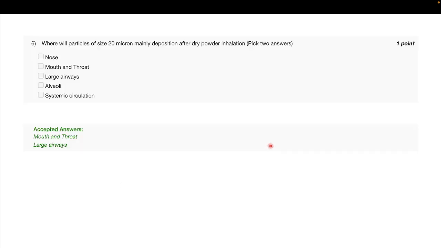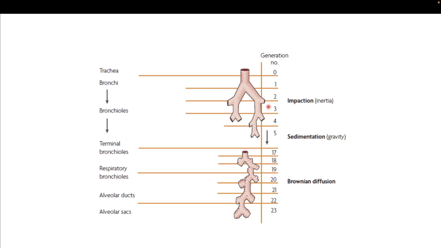As we were talking a few slides back, this is what your lung network is going to look like. If your particle is very large, a 20 micron particle is naturally going to be very heavy compared to a nanometer scale particle, so it's going to have a very large impact on these walls. These walls are lined by mucus to trap all your bacteria and whatever you're inhaling, so it's like a filtration through this particular route.